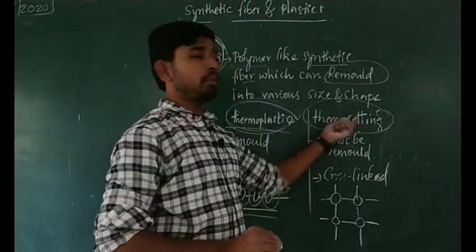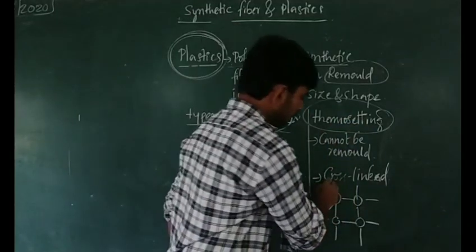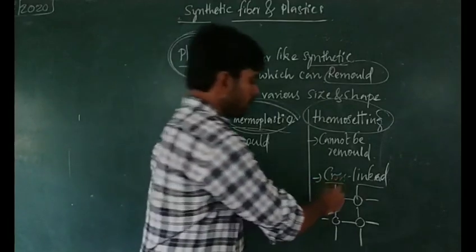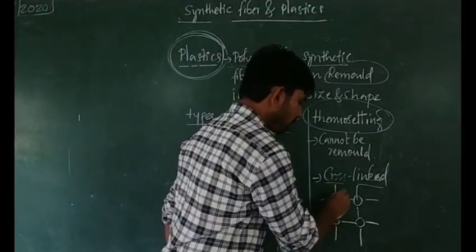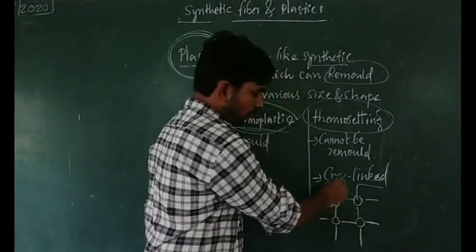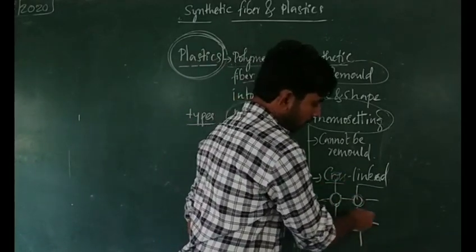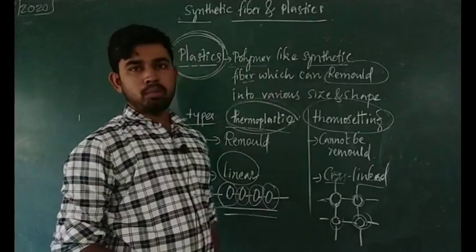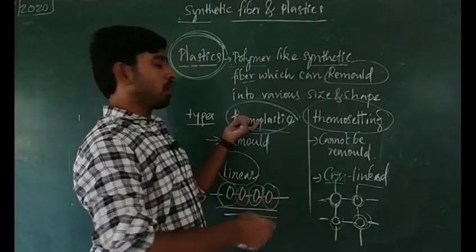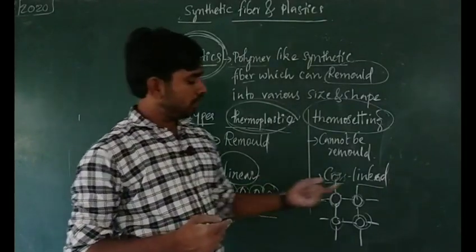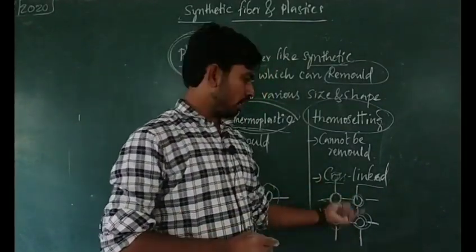What about thermosetting plastic? They have a cross-linked structure, which means one monomer joins with four other monomers. So in thermoplastic, all the monomers join in terms of lines, whereas here they have branches also, a cross-linked structure.